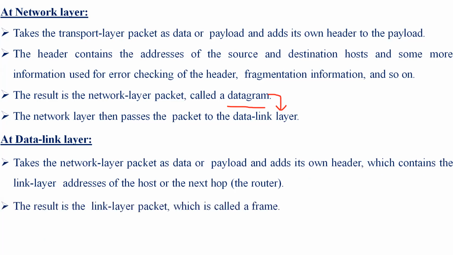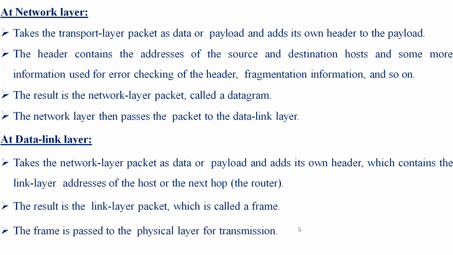So the result is the link layer packet, which is called a frame. As we know, the data in the data link layer is a frame. So it creates a frame, and then it passes it to the lower layer, that is, the physical layer, for transmission.